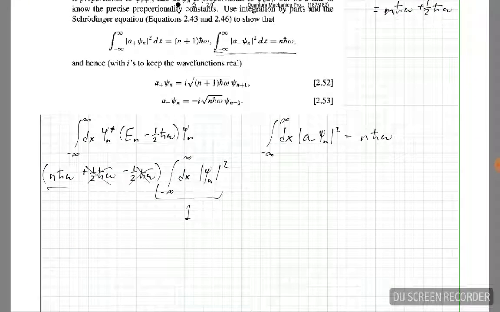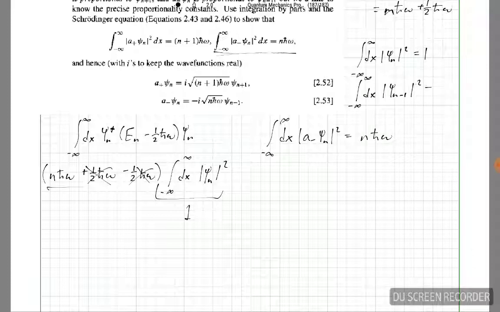Okay, again, we know that clearly because we already used it. We know that this equals 1. We also know that the lower energy state equals 1.